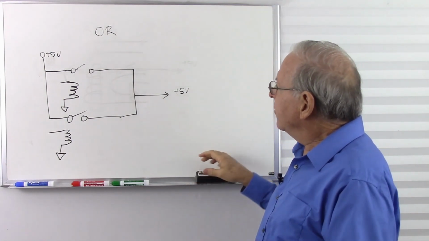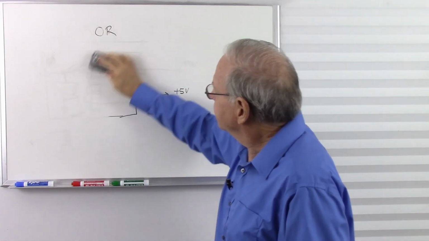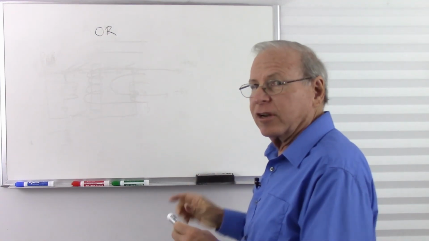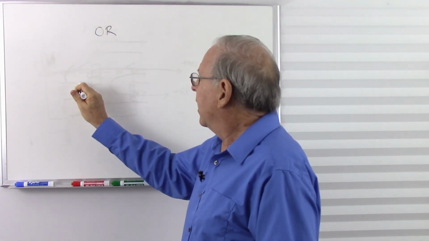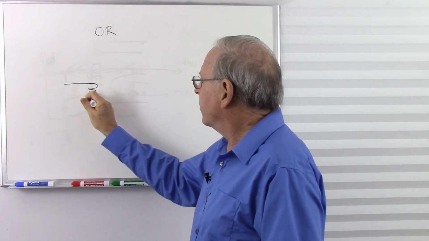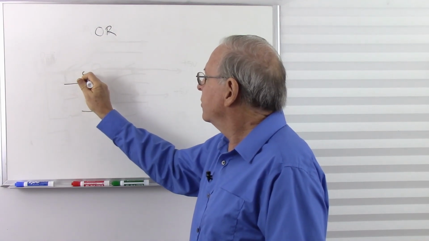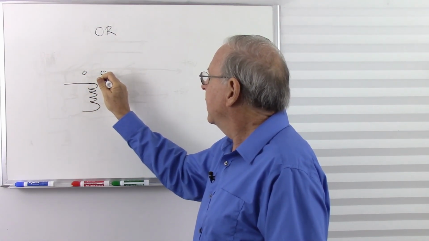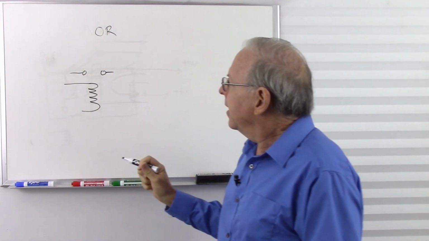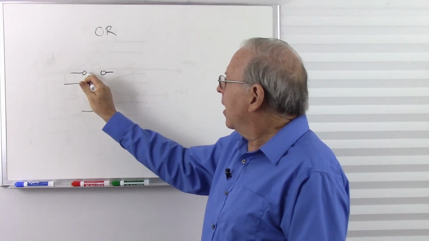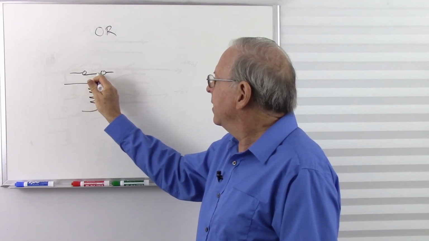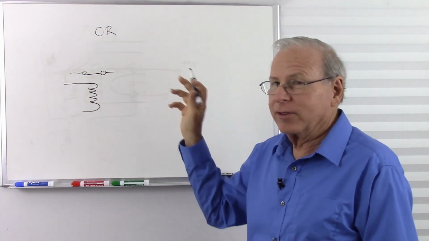The last one is a little more complex to draw, although the function is actually even simpler. I have a relay, there's my coil, and a switch. And this one is set up opposite. Let's put, actually this is a little simpler if I do it this way.